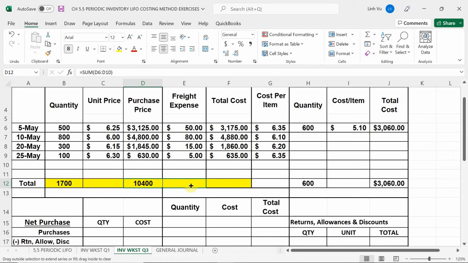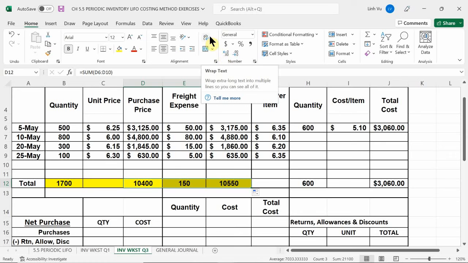Let's see what I did. So 50 plus 80, plus 15 plus 5 will give you 150. Okay. And then your total costs here should be 10,550. 10,400 plus 150 is going to give you 10,550. Sorry, confusing number.